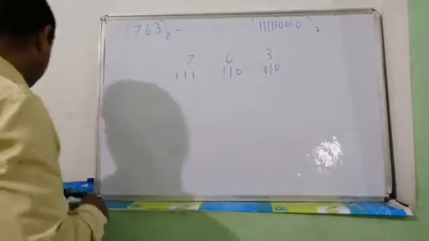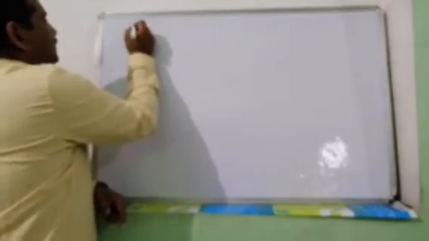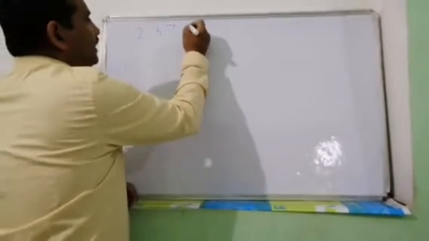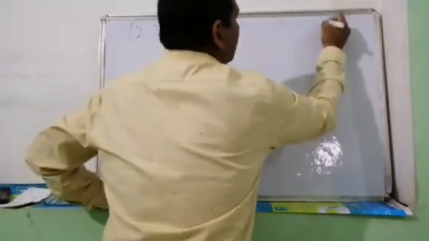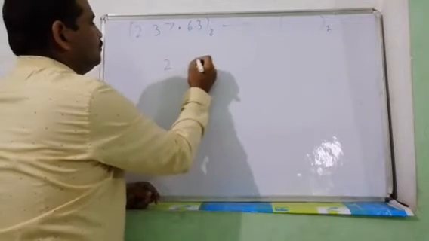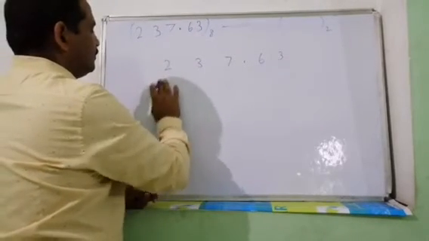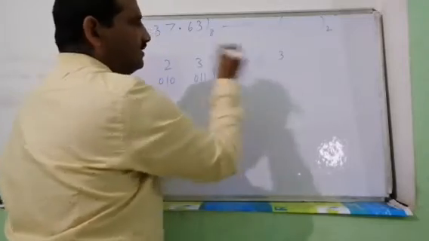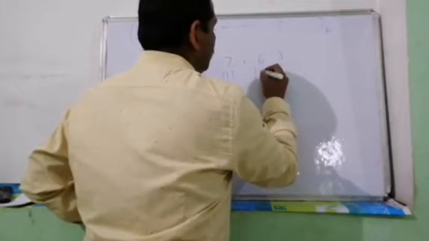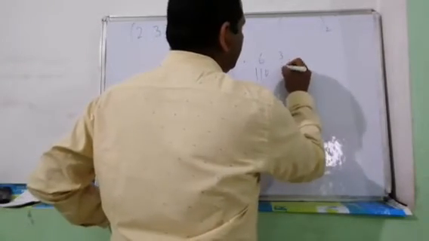So one more. 237.63, octal to binary. 2 will be 010, 3 will be 011, 7 will be 111, 6 will be 110, and 3 will be 011.